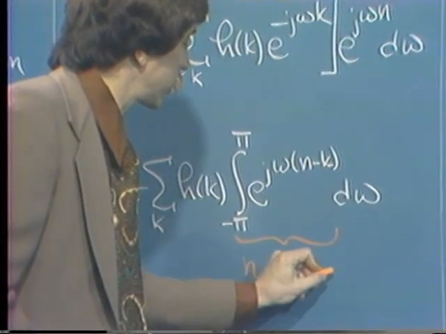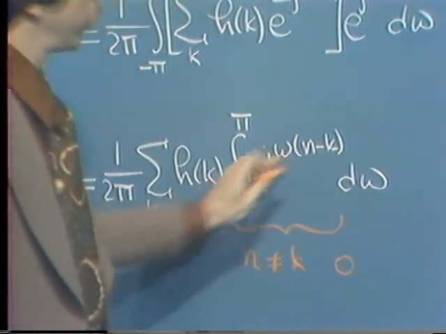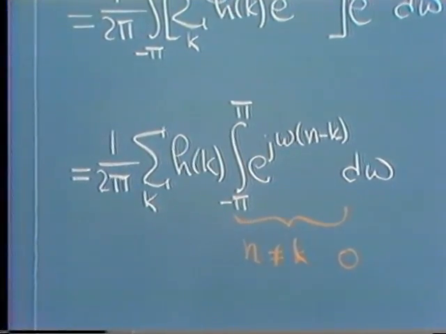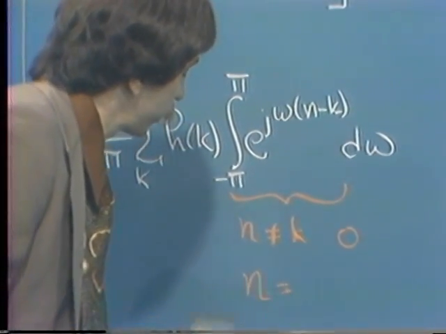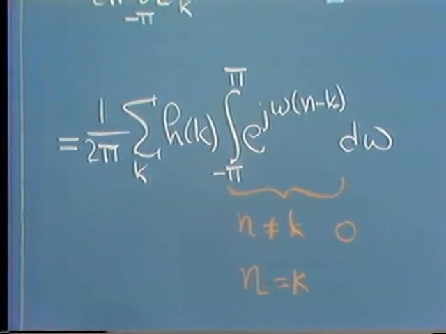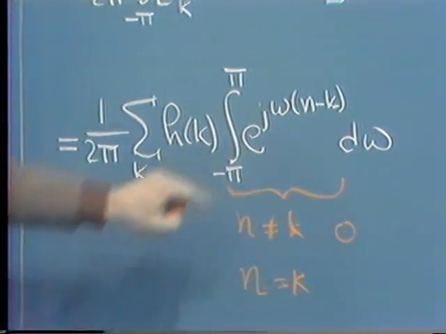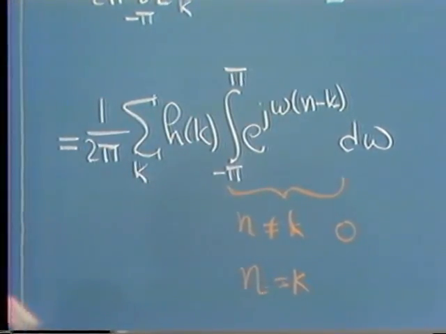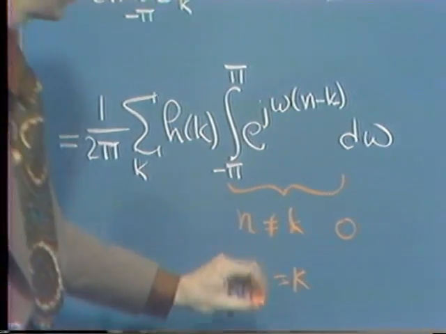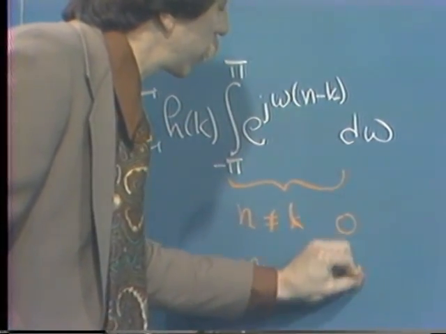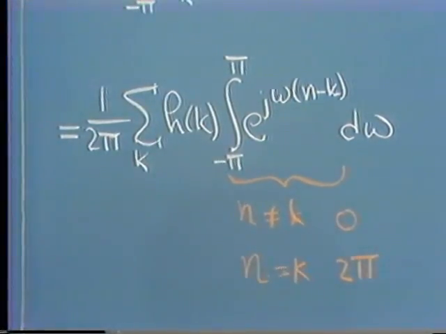So for n not equal to k, the value of this integral is 0, whereas for n equal to k, this exponent is 0, the exponential is unity. Unity integrated from minus pi to pi is equal to 2 pi. So for n equal to k, the value of the integral is equal to 2 pi.